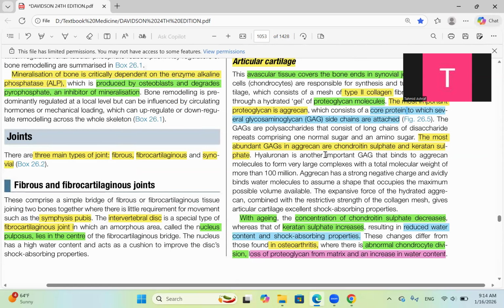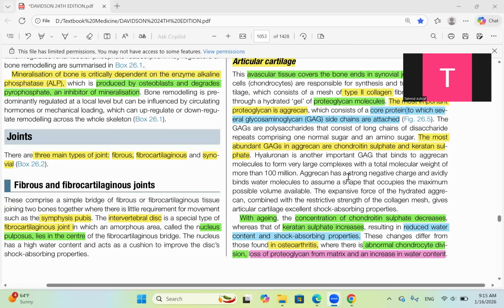Hyaluronan is another important glycosaminoglycan that binds to aggrecan molecules to form very large complexes. So we have learned two important types of glycosaminoglycan.